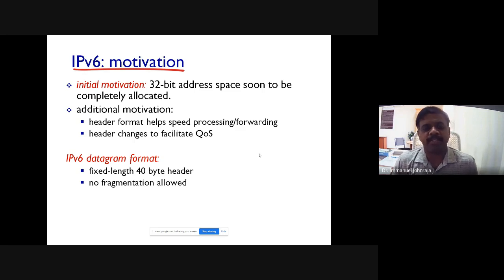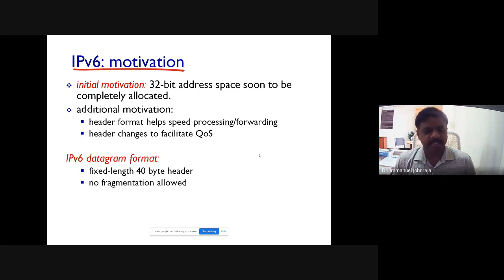Quality of service defines the parameters by which quality is measured. For instance, the quality of service parameters of a network could be speed, latency, throughput, reliability, availability, scalability, and so on. So in order to improve the quality of service, IPv6 was also introduced.